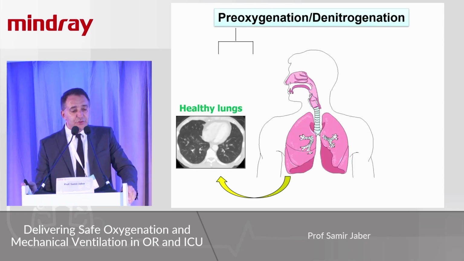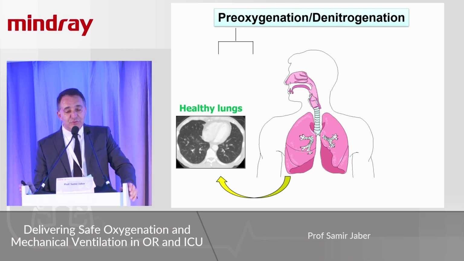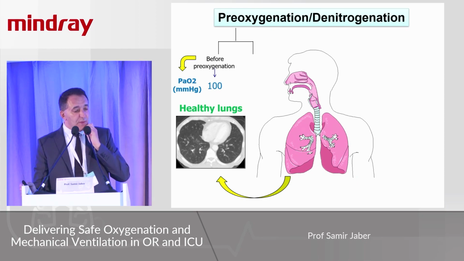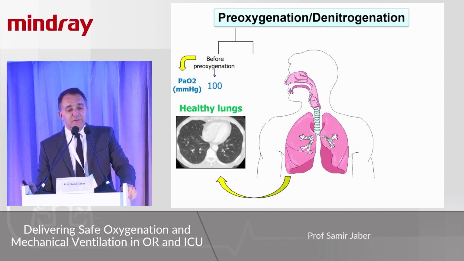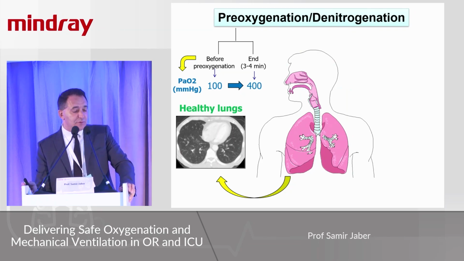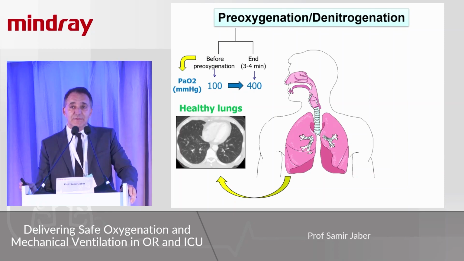This slide shows you a healthy lung, a patient in anesthesia or in ICU, and the rationale for preoxygenation is to have the maximum oxygen stores in the lung through denitrogenation. So when you use just a balloon to deliver oxygen before preoxygenation, for example, here you have 100 millimeters of mercury, and after 3 to 4 minutes of oxygen balloon, you can reach around 400 millimeters of mercury in a healthy lung.